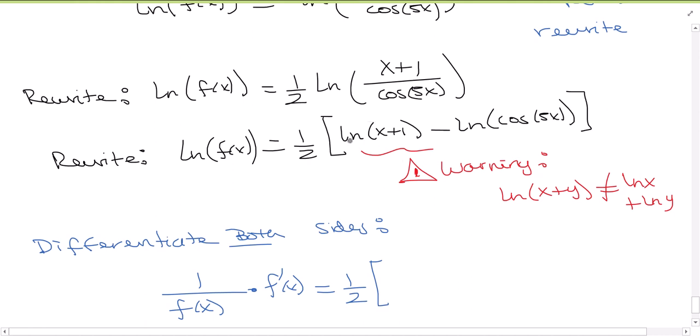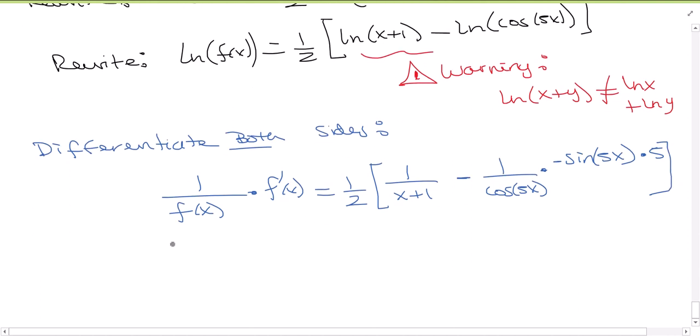For ln of x plus 1, the derivative is 1 over x plus 1 times the derivative of the inside, which is just 1, minus ln of stuff, 1 over the stuff, so 1 over cosine 5x, times the derivative of cosine of 5x. The derivative of cosine is negative sine of 5x, and this has an embedded chain rule, right? So the derivative of 5x is 5, and those are multiplied.